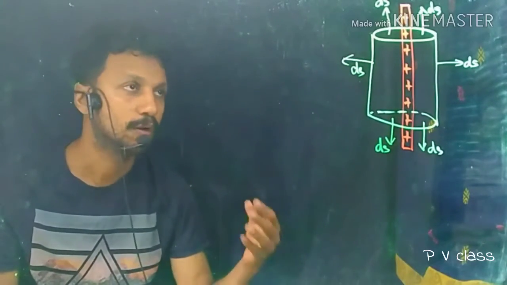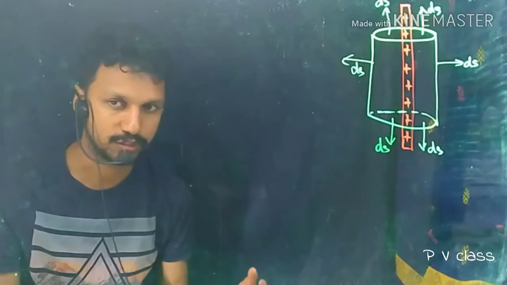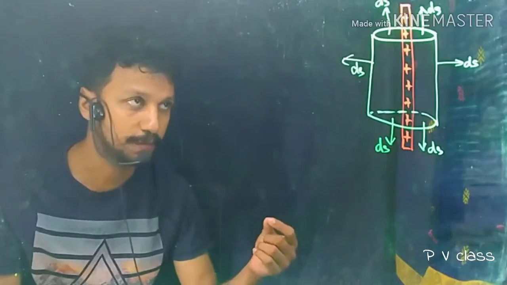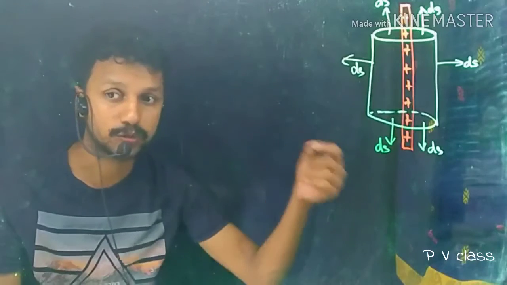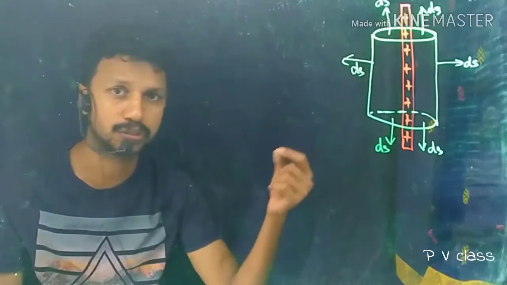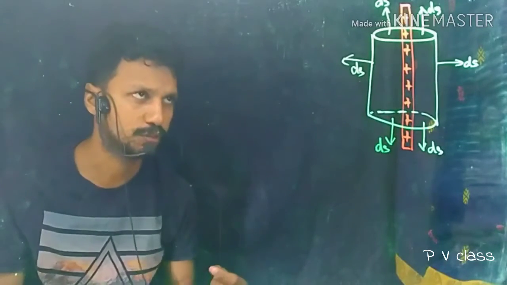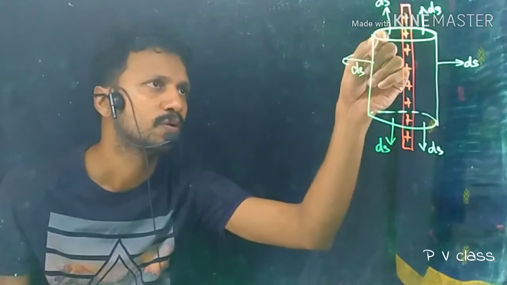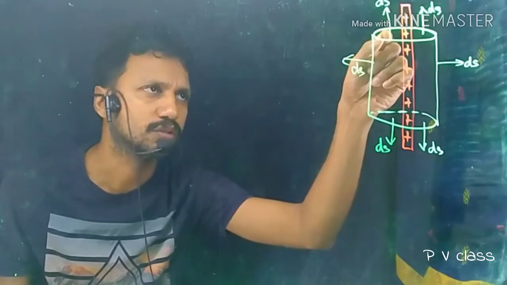Now we are going to mark the direction of electric field intensity. As you all know, the direction of electric field intensity will be in the direction of the electrostatic force experienced by a unit positive charge. Assume that we are having a positive charge over here.